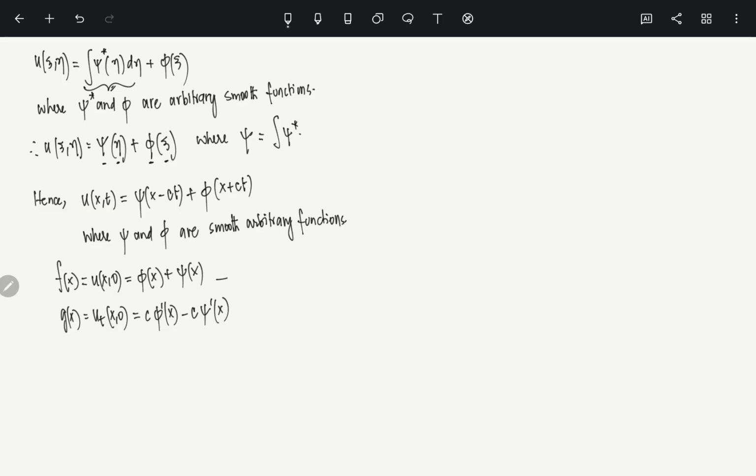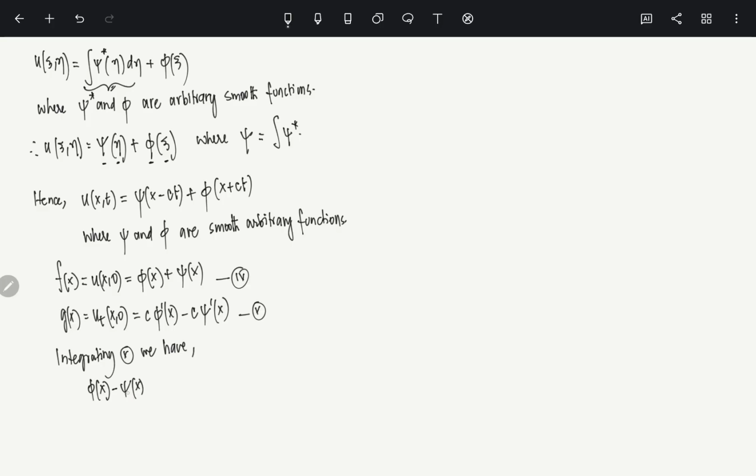So let's just call this thing 4 and let's just call this thing 5. Clear? Now you see, if we integrate 5, we have phi of x minus psi of x.